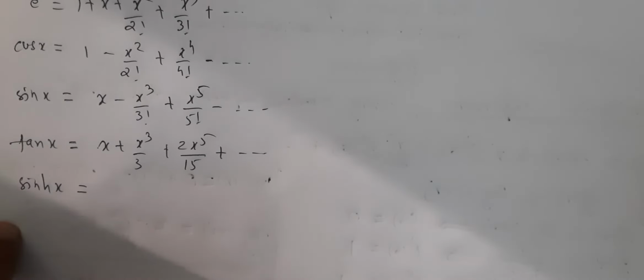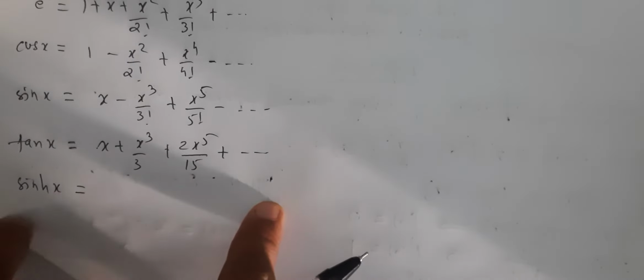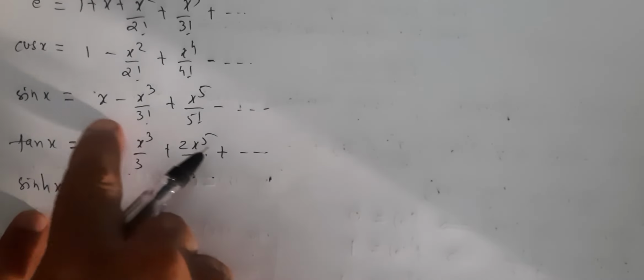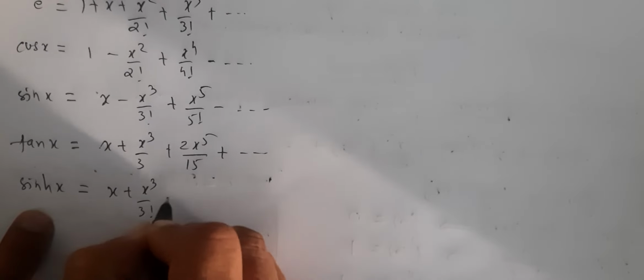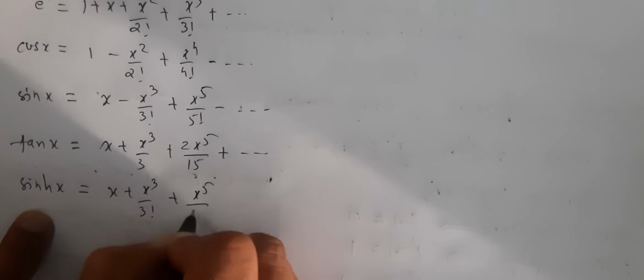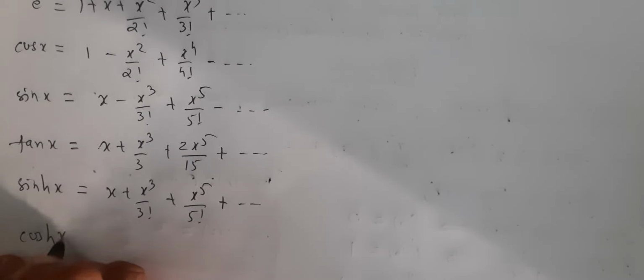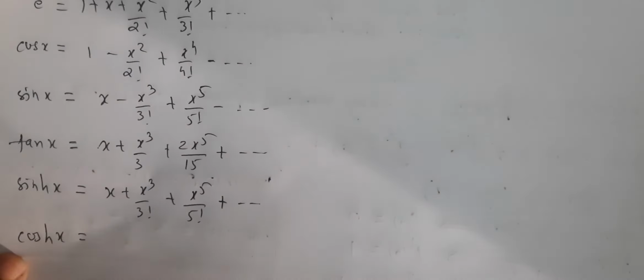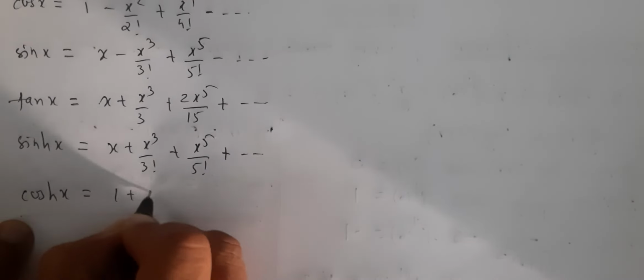Again I can tell you, whatever you have for sin x, similar for sine hyperbolic, only thing is in sin we have alternate plus minus. For hyperbolic we are going to have all plus. Same way for cos hyperbolic x, again whatever we have for cos, it's the same, only difference is all are again plus.